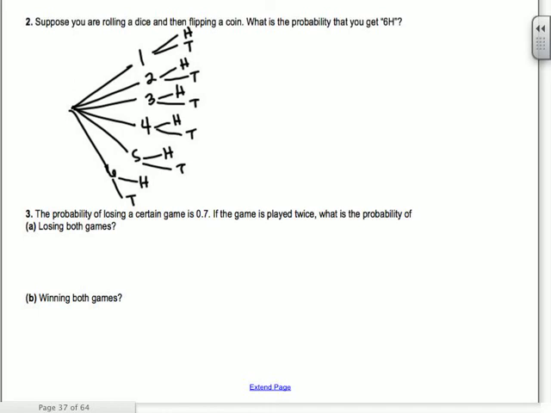How many different outcomes do you have? 12 outcomes, because you could have 1H, 1T, 2H, 2T, 3H, 3T, and so on. So you'd have 12 outcomes.